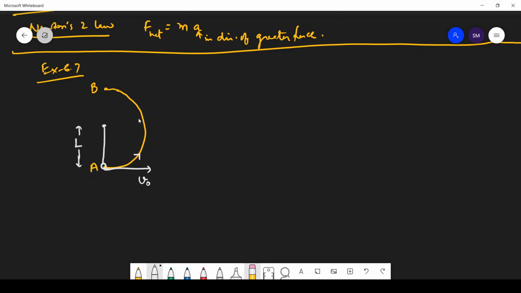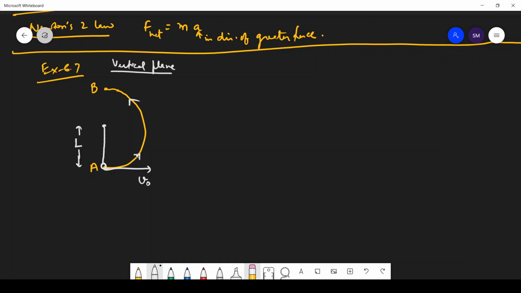So this is the direction of motion, the body is moving upward, and then it is a semicircular trajectory in the vertical plane. So this is the vertical plane, right? So the body is moving upwards.